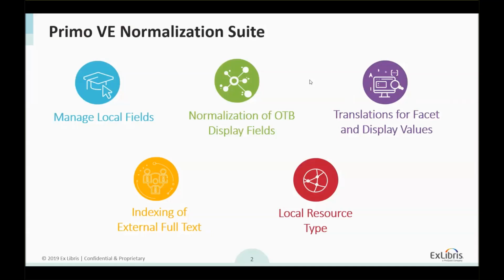I also would like to show you the way to translate facet and display values, which come from the Bib as a code, and there is a way to translate and verbalize it for the users. Also, an option of indexing of external full text as part of the normalization suite. And the last topic will be the local resource type option.